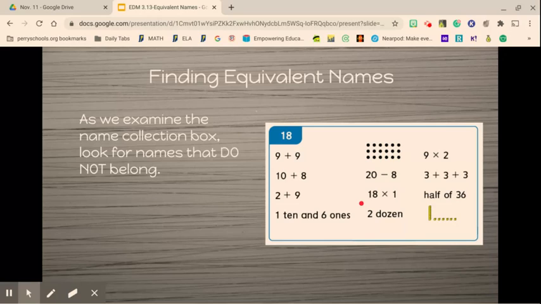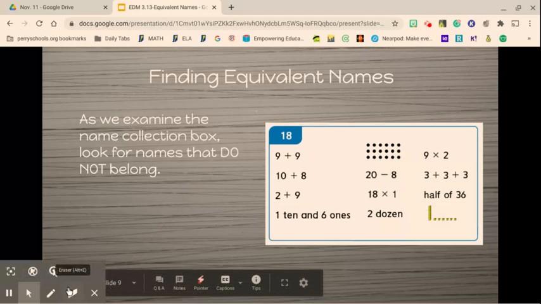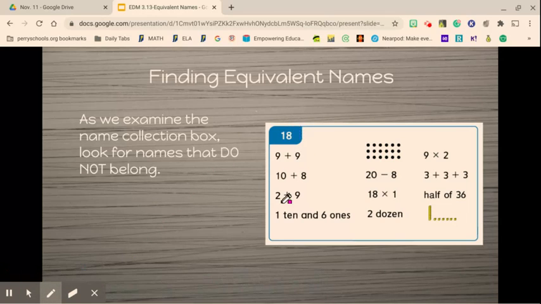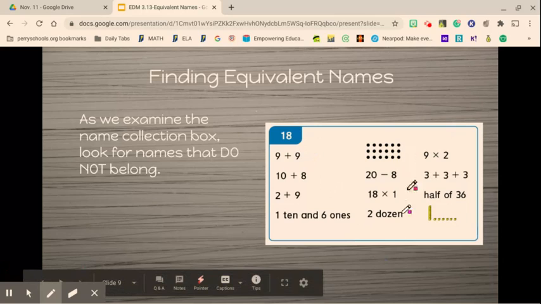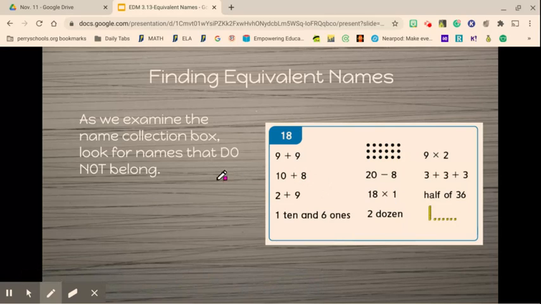All right. Some other things that we might see with name collection boxes is we need to find numbers that do not belong. So in this problem, the name that I'm finding is 18. I want to find all of the images or all of the numbers that name 18. For the ones that don't, I cross them out. So this first one, 9 plus 9 is 18.